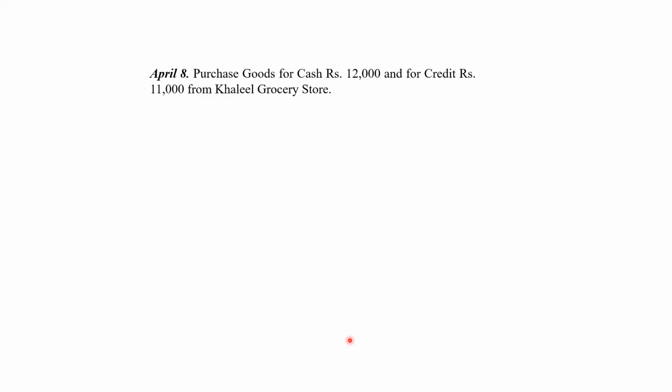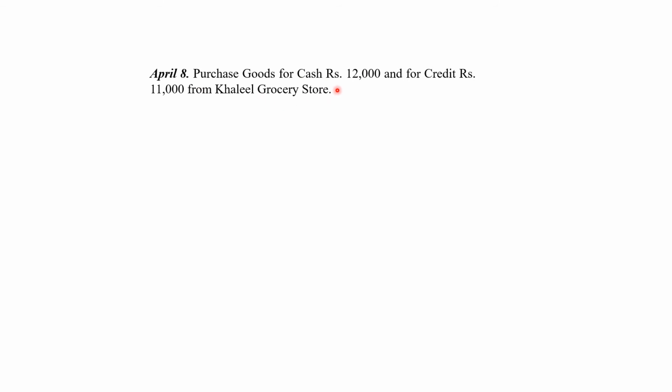Okay, so on 8th of April, goods were purchased for cash 12,000 and on credit 11,000 from Khalil's grocery store. So let's understand what happened over here. The business, I mean, perhaps Anish or maybe one of his employees went to Khalil's grocery store and bought goods worth 23,000 rupees, 12,000 plus 11,000.